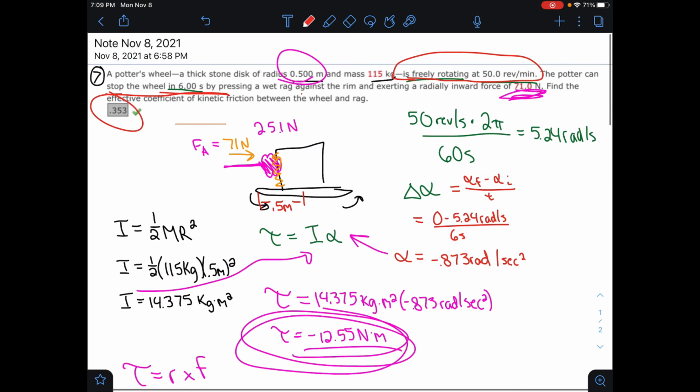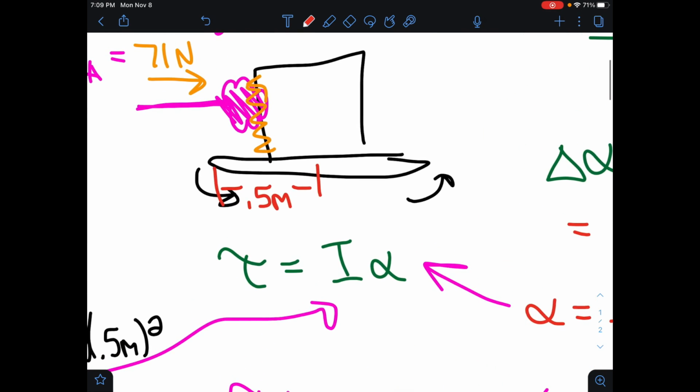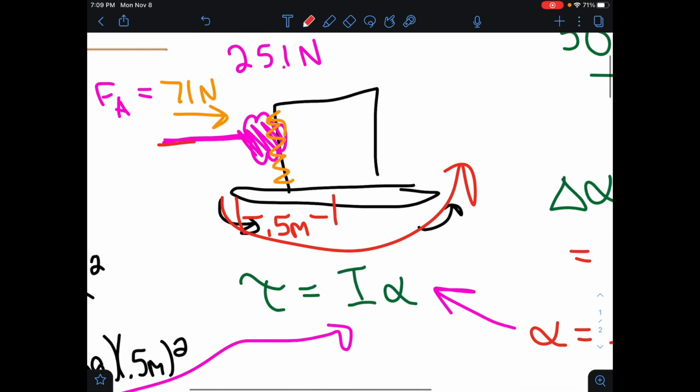Okay, so what we did: we have a rotating object that has a torque being applied to it that's slowing it down. It's spinning this way, right? This force right here, this force because the rag is slowing it down.